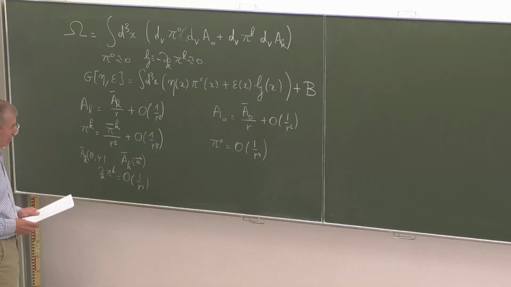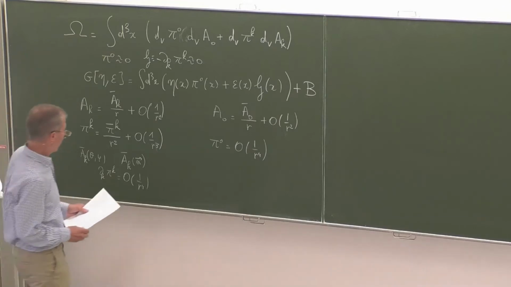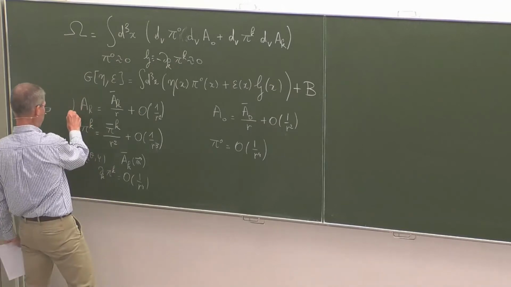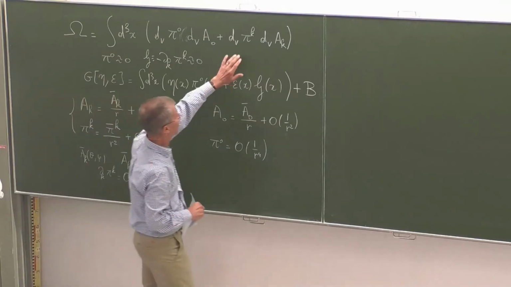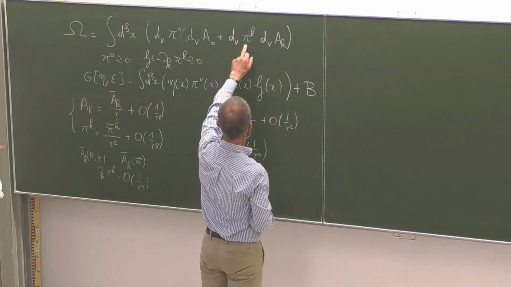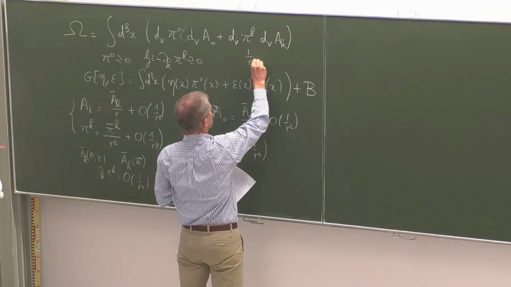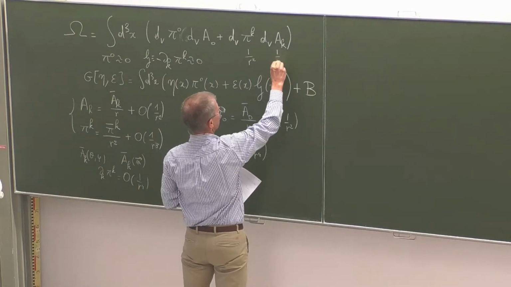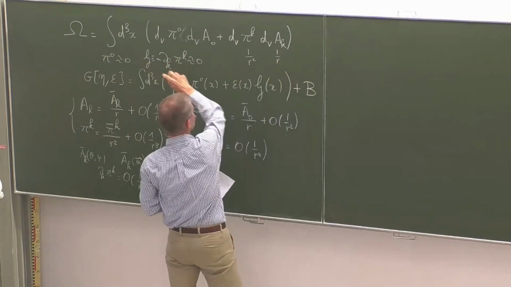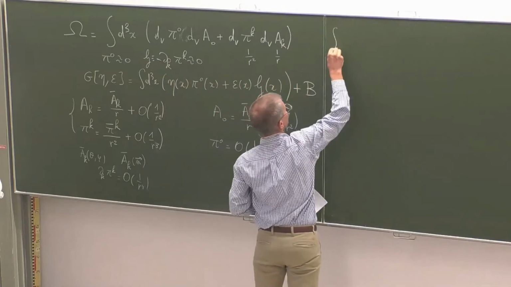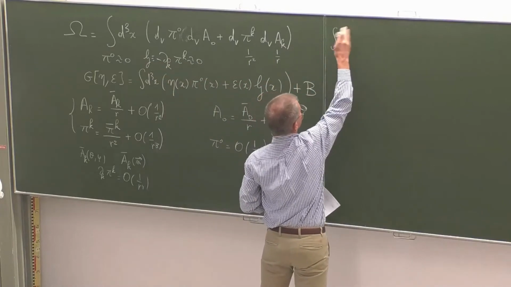Okay, but I'm saying that there is a problem with the symplectic structure because you see, pi k goes as 1 over r squared. In general, this goes as 1 over r, and I will have to integrate over d^3x. So I will integrate over the angle.